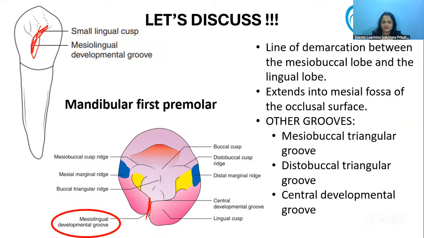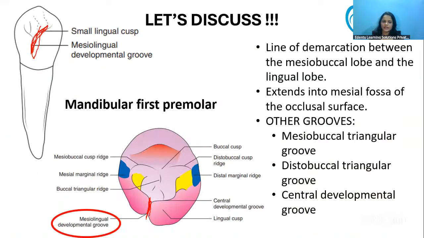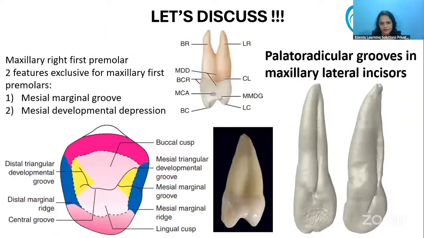And there are other grooves also present, like the mesiobuccal triangular groove and the distobuccal triangular groove, and the central groove will also be present. But this groove will be very prominent if you look at the lingual aspect and the occlusal aspect of the mandibular first premolar. Now, in the maxillary first premolar, there is another groove called the mesial marginal groove.